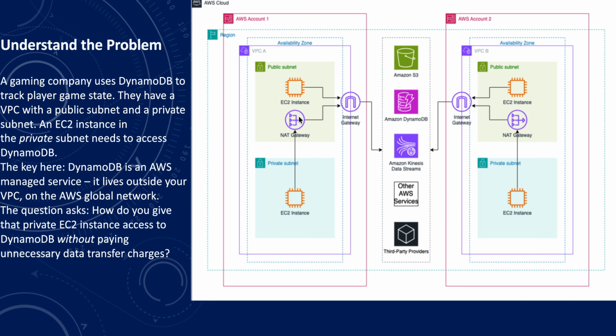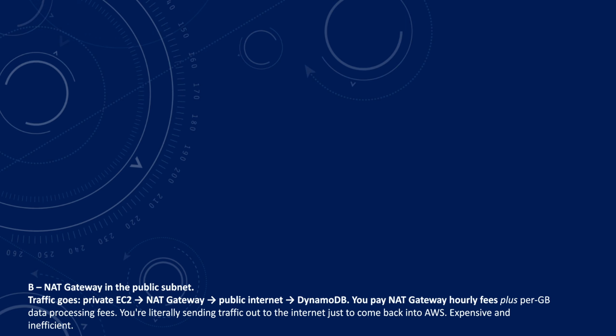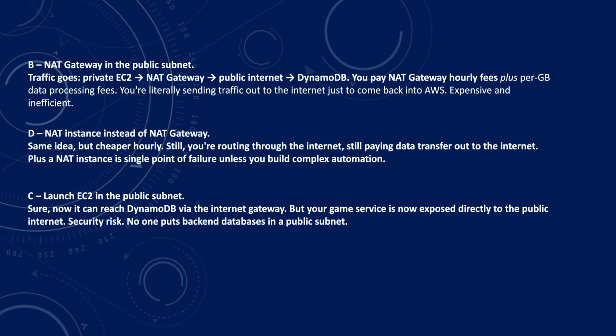If you see the diagram, they are asking us to create the EC2 instance in the public subnet, and it will communicate directly with Amazon DynamoDB. In this case we do not need the NAT gateway or NAT instance in the public subnet. Sure, we can do it, and it can reach DynamoDB via the internet gateway, but your game service is now exposed directly to the public internet.